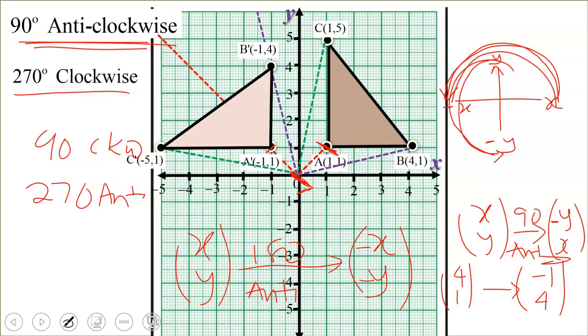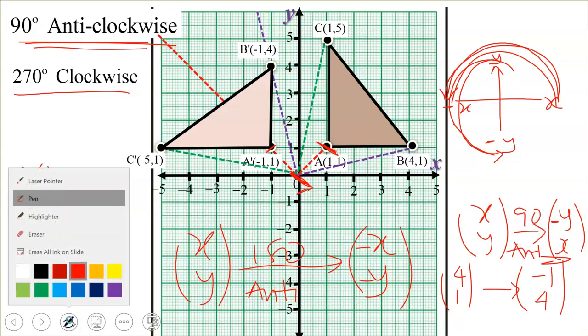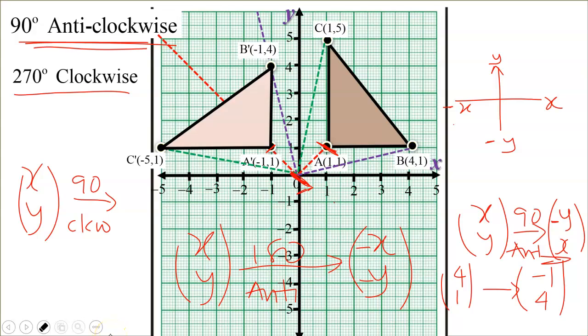Then let's see 90 degrees clockwise. So for 90 degrees clockwise, assuming we have (x, y), and we are doing 90 clockwise, which is the same as 270 anti-clockwise. So you see the movement of this one.